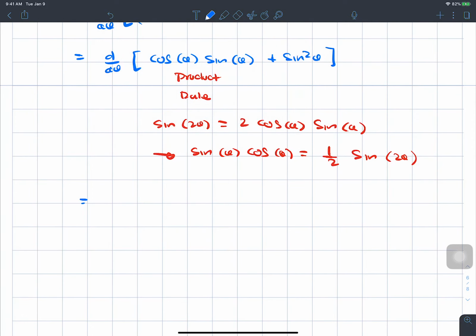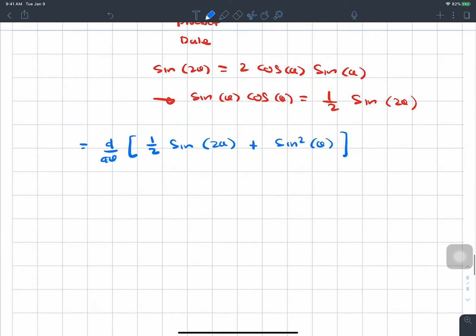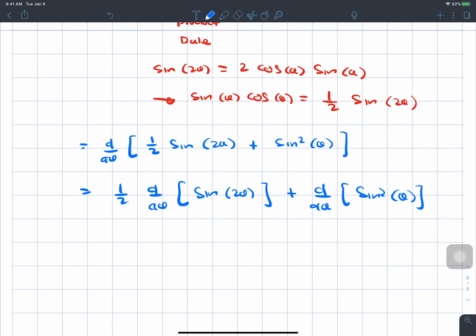Okay. d theta. Let's replace cosine theta sine theta with this 1/2 sine 2 theta plus sine squared theta. And by properties of derivatives, let's say 1/2 d theta of sine 2 theta plus d theta of sine squared theta.